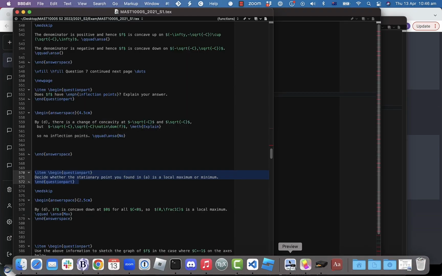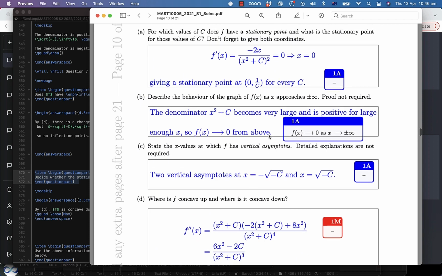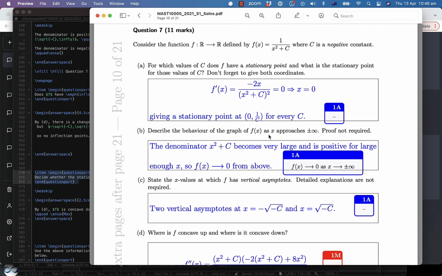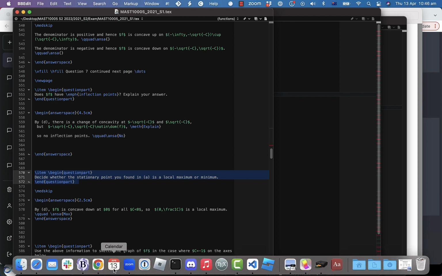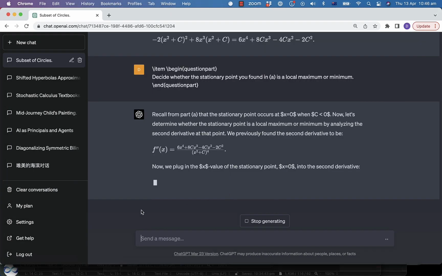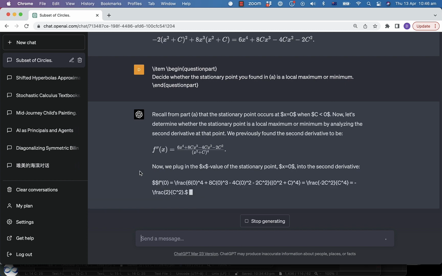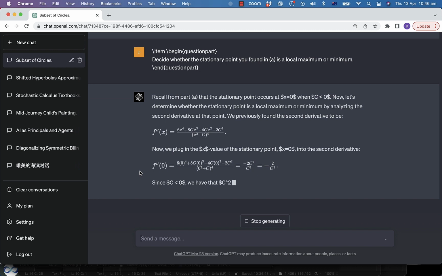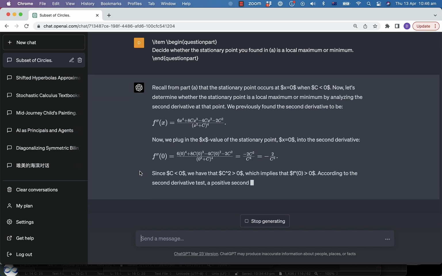I don't know. Yep. That's right. So it just inferred what part A was about. Oh no! Good luck. Oh, poor ChatGPT. Keeps using the wrong answer.